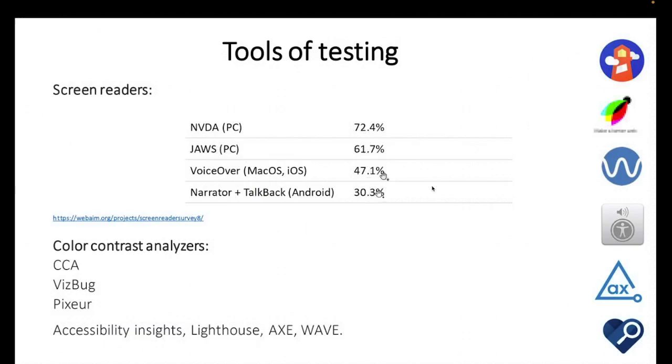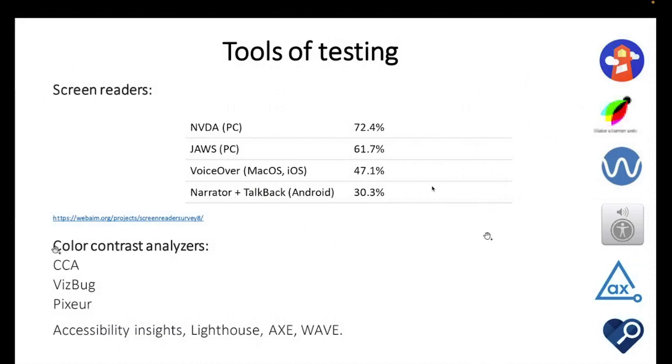This is the percentage breakdown of popularity. VoiceOver is the integrated, embedded functionality in Mac, iOS, your iPad, whatever. For Android, we also have the TalkBack tool. So these are the screen readers for blind people not able to see but able to hear.